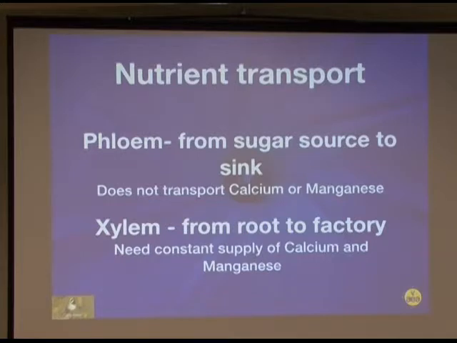This means that we need a constant supply of calcium and manganese each and every day. If we're growing a crop and one day the soil is no longer capable of supplying that crop's demands for calcium or manganese, on that day the calcium and manganese levels will drop in the new growth. And now that new growth has an increased susceptibility to diseases, and also you have less calcium and manganese moving into the fruit.